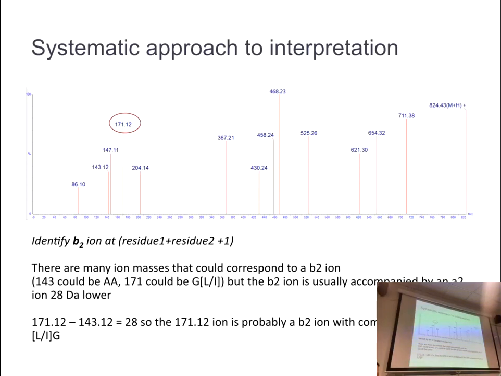So the 143 could be AA, the 171 could be G or L/I. But also, the B2 ion, 20 total is lower. So most likely it's the 171. And also we had the ammonium ion that was like I/L. So this is probably now our B2 ion.